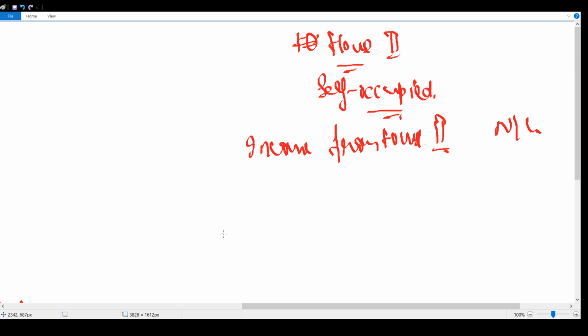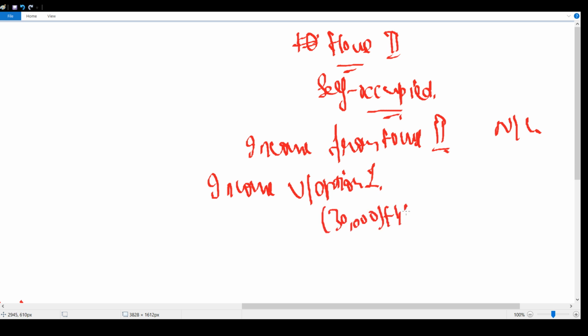Now then income under option 1. What was it under option 1? Negative 30,000 plus 46,200, that is 16,200.